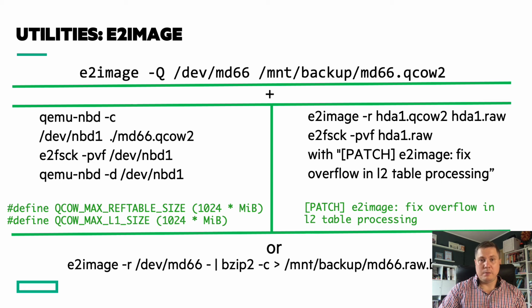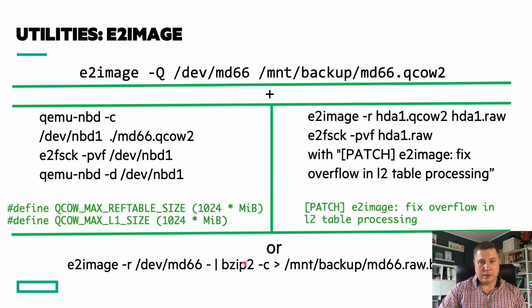We can store the image in qcow2 format and convert it to raw after, or even mount it using QEMU functionality and execute e2fsck on the new device.